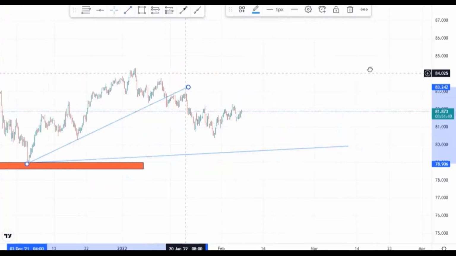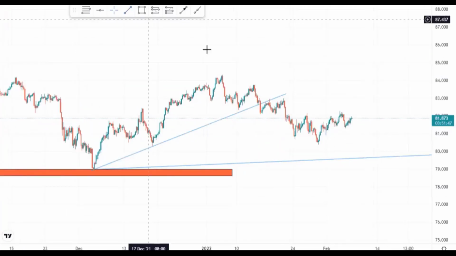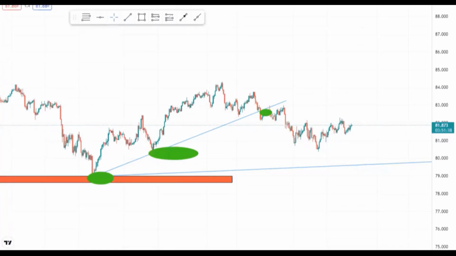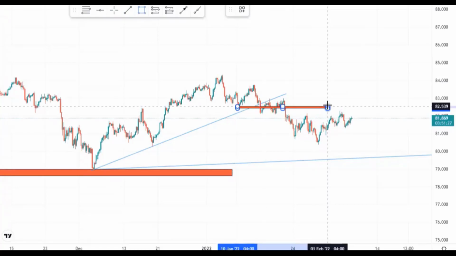Let me zoom in, where here becomes our first bounce, second bounce, and third bounce. We would have somehow looked for an entry within those areas to picture a buy entry within this area, and we would have taken a loss on this particular trade.